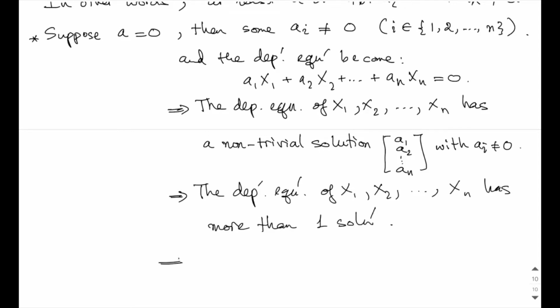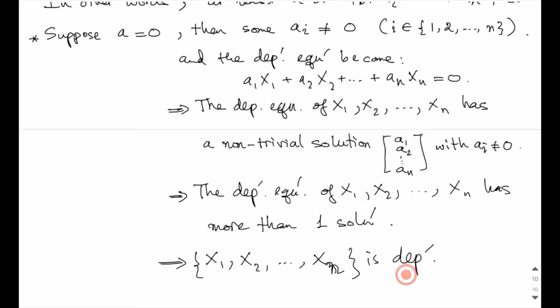And so by the test for dependence and independence, this implies that x1, x2, dot dot dot, xn is linearly dependent. All right, so what does that mean?